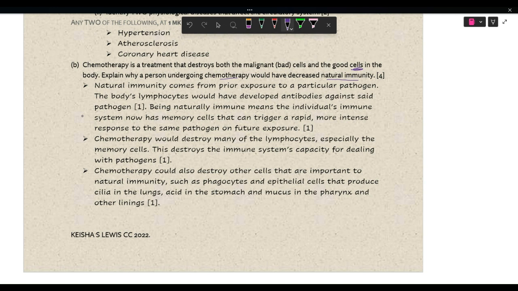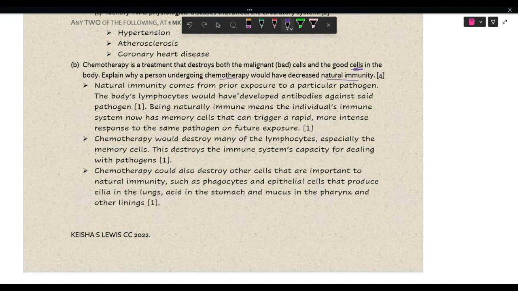And as per usual, you want to start by describing what natural immunity is, and you also want to describe what natural immunity is with respect to the cells. All right. So here we talked about how you get natural immunity to become immune to some particular disease or pathogen or toxin, right?